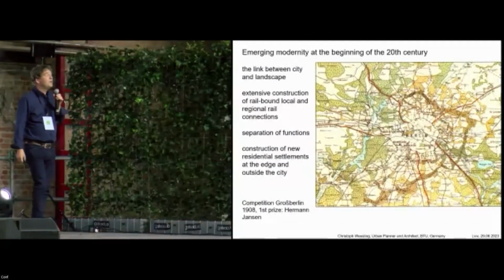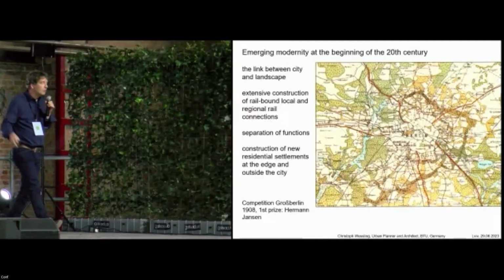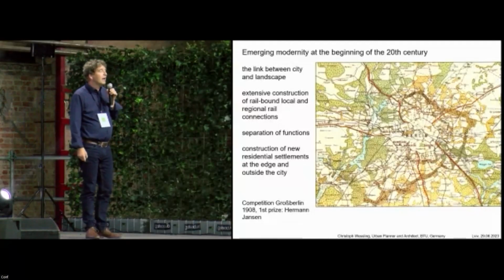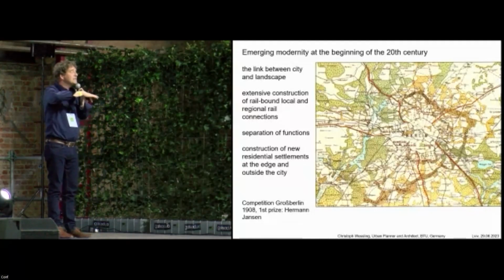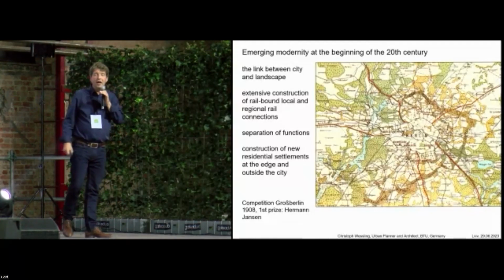And there was, for the first time, I'm referring here to Berlin, my hometown, at the beginning of the 20th century, the idea to link the landscape with the city, more or less like we have seen it right now in Aarhus.